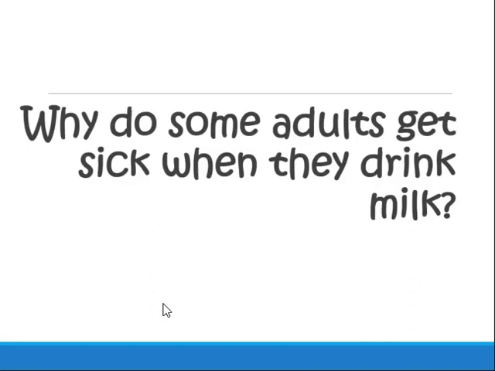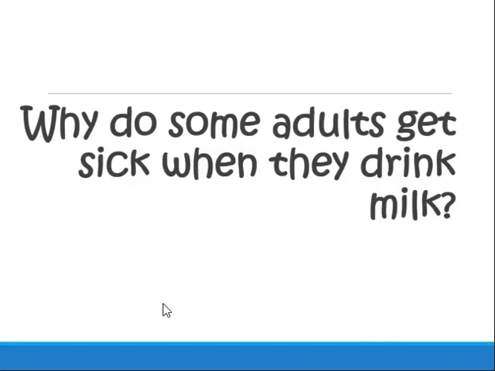So what happens is the lactose will sit in our digestive system, in our intestines, and we know that lactose is a sugar. And who likes sugar best? Bacteria. Bacteria in our intestines actually feed on the lactose that doesn't get broken down and exhibit symptoms of lactose intolerance, such as gassiness.